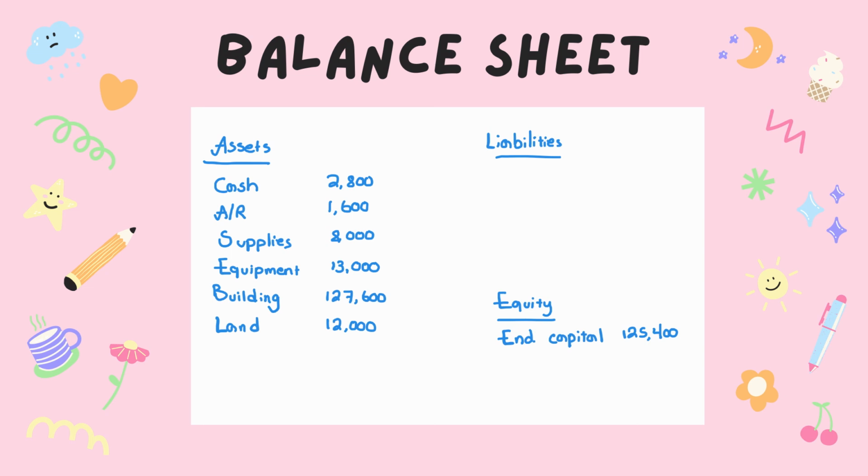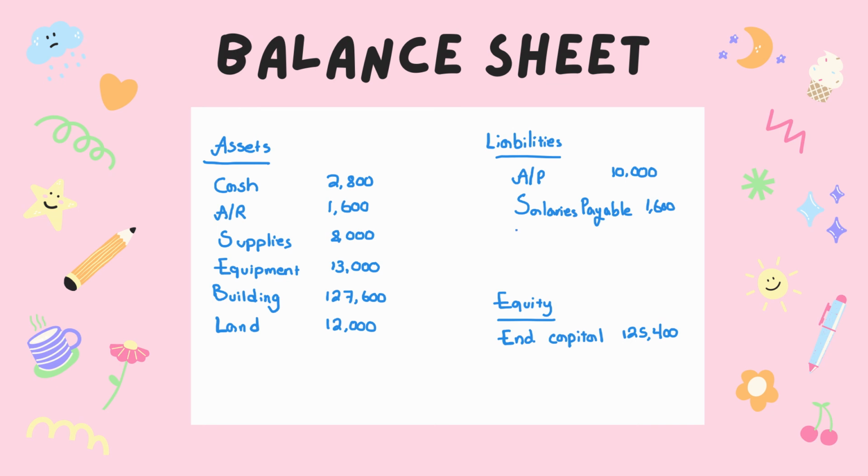Now let's check our liabilities. The first one is accounts payable. From the second column it's 10,000. Then anything payable, we have salaries payable from the first column, and the amount is 1,600.